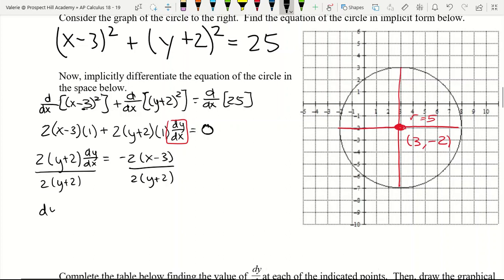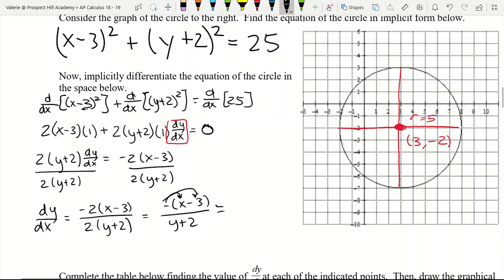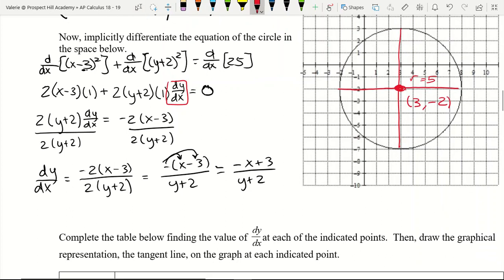So we get that dy/dx equals negative 2(x minus 3) over 2y plus 2, which we can simplify to negative (x minus 3) over (y plus 2), which we can simplify again by distributing that negative sign to being negative x plus 3 over y plus 2. So our final answer here is that dy/dx equals (negative x plus 3) over (y plus 2).